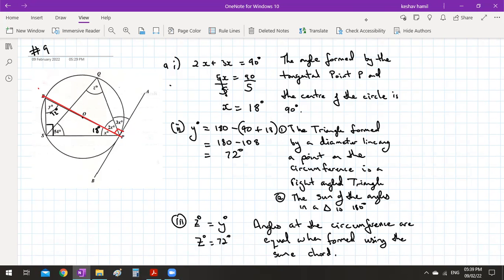So again, this would be the chord, and this triangle and this triangle are formed by the same points on the circumference more or less. So this angle here and this angle here will be equal.